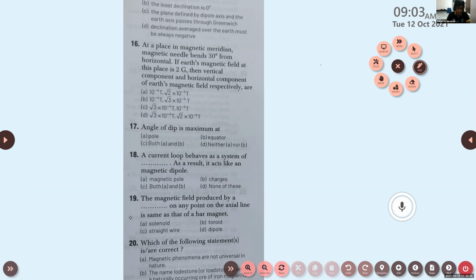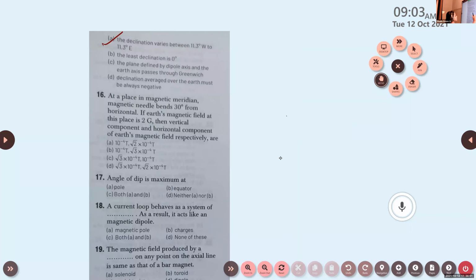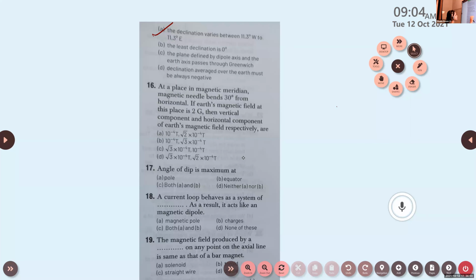Ma'am, can you move the question somewhat? Okay. Zooming is not working. Is it not visible? Yes, Vidhu.